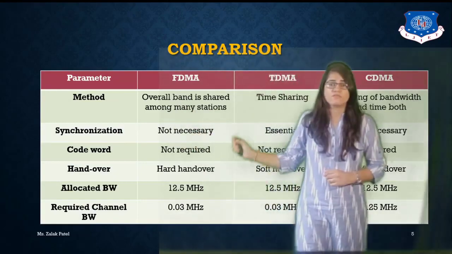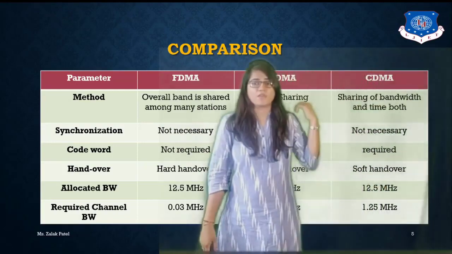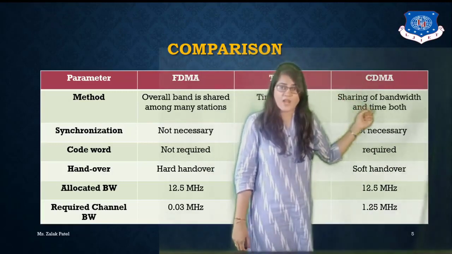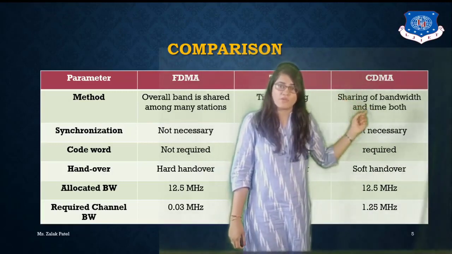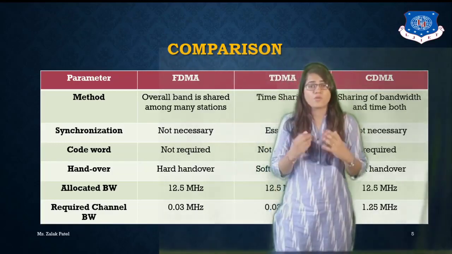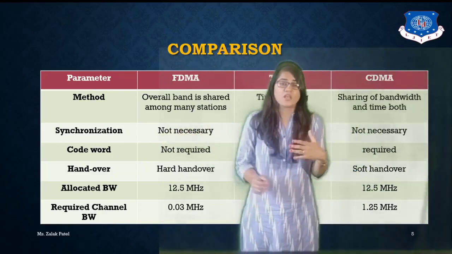In case of TDMA, time sharing can be done, while in case of CDMA, sharing of bandwidth as well as time slot both can be possible in case of code division multiple access.